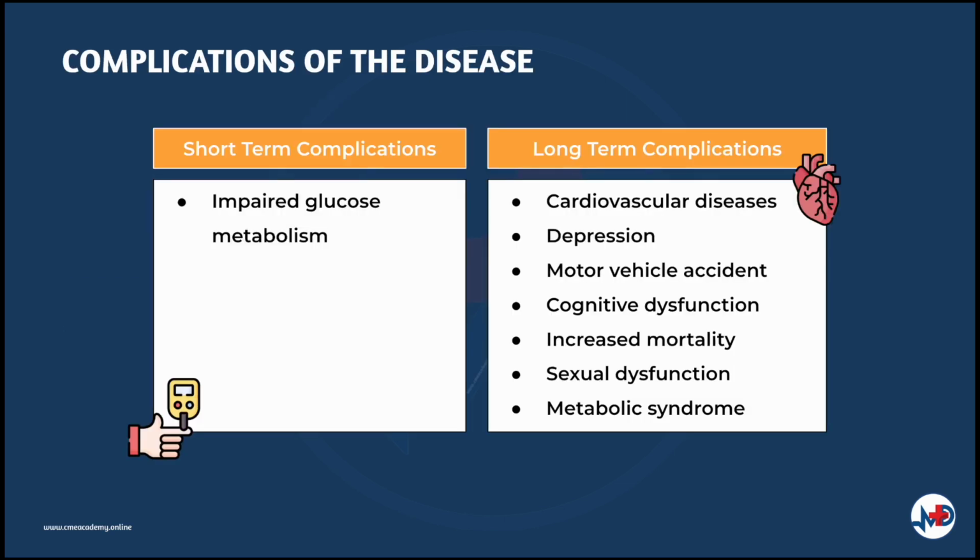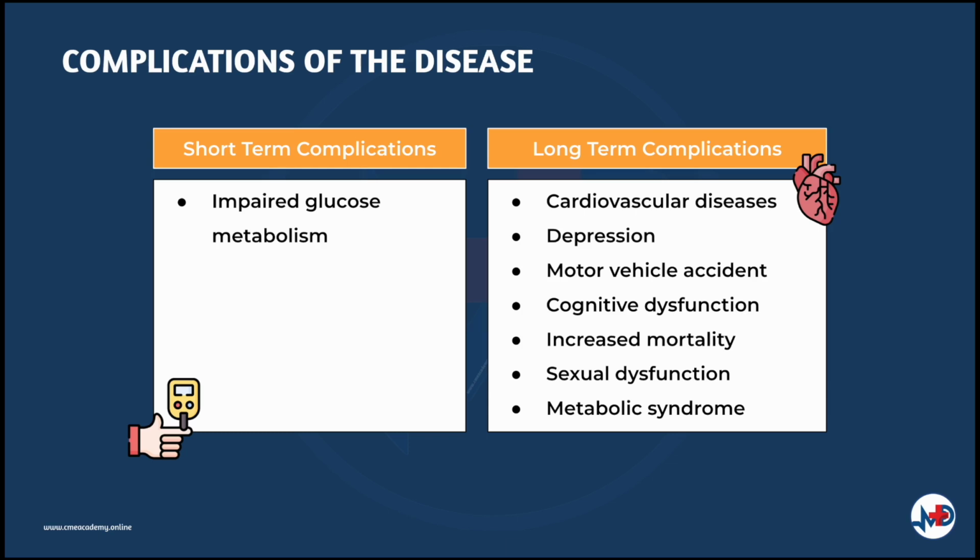A short-term complication of obstructive sleep apnea is impaired glucose metabolism. In the long run, several cardiovascular diseases may occur, and these include hypertension, dysrhythmias, myocardial infarction, and heart failure. The patient will also be prone to developing depression and getting involved in motor vehicle accidents due to excessive daytime sleepiness and decreased attention.